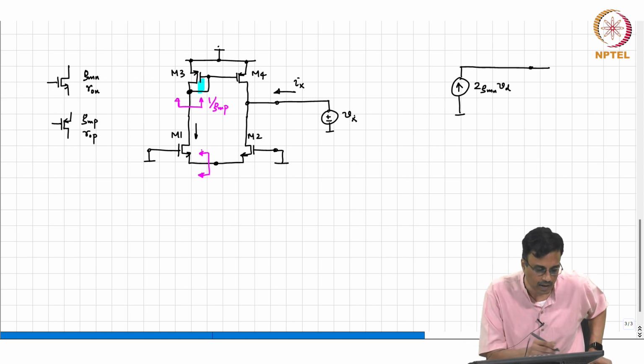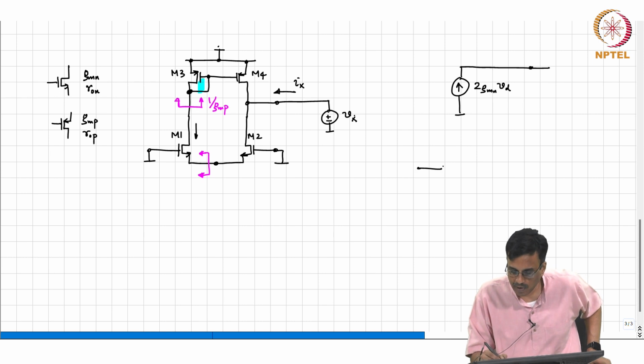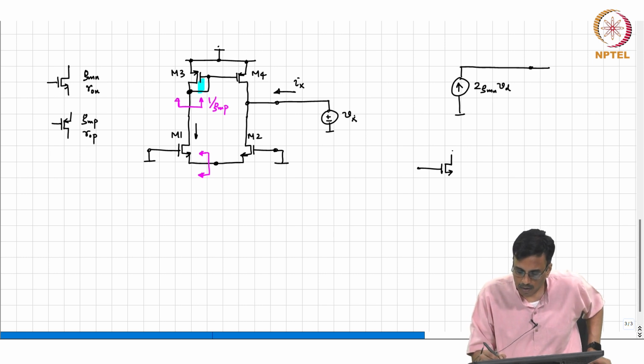Remember, again let me draw your attention to this, which we have done before. Let us say you have RD here and the transistor has got some output resistance R0 and some GM.